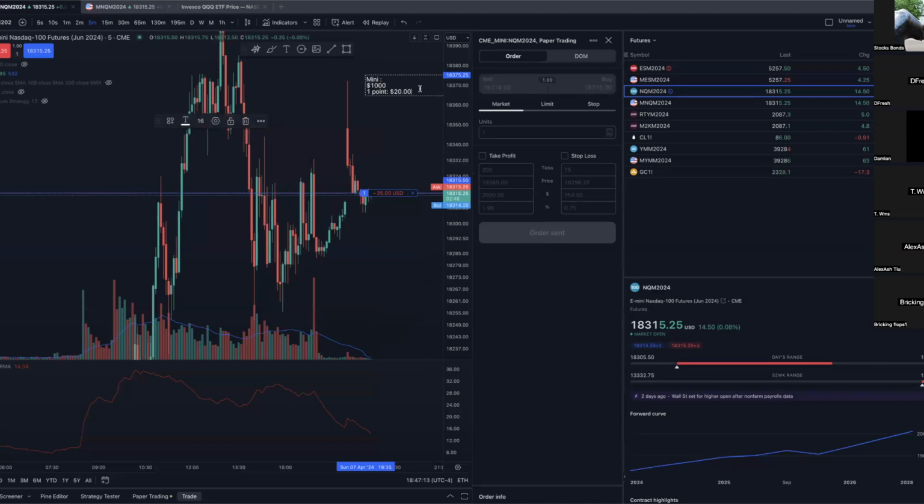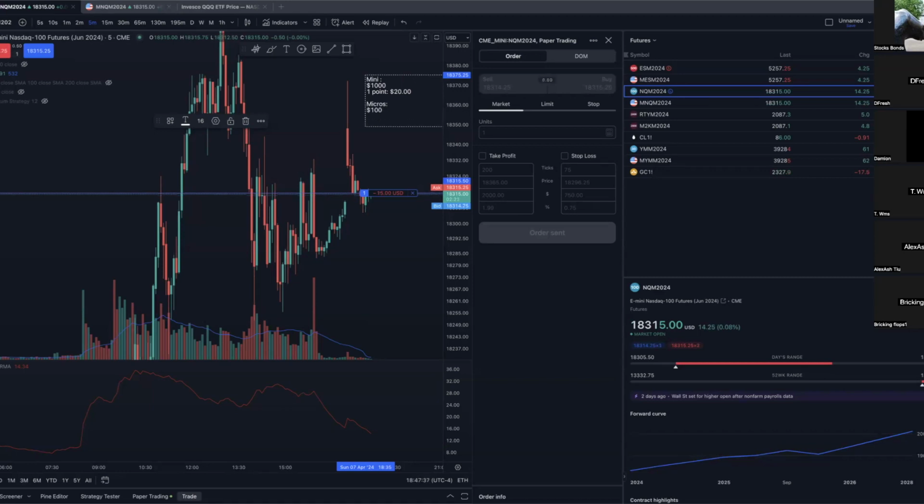Again, the margin requirement is $1,000 per contract, and for the mini, for each point, you'll be making or losing $20 to the upside or to the downside. When it comes to micros, it's completely different. You just need $100 in margin to open 1 contract.